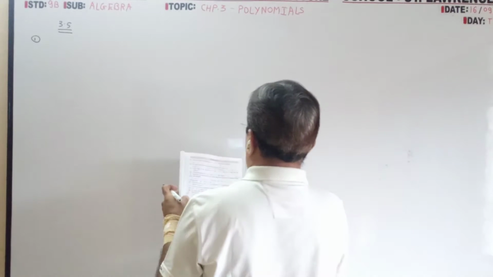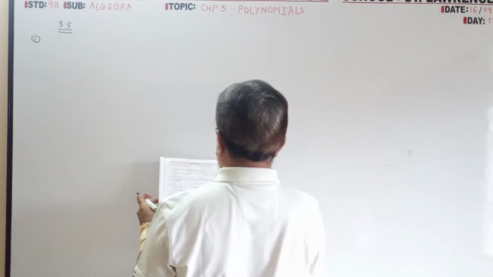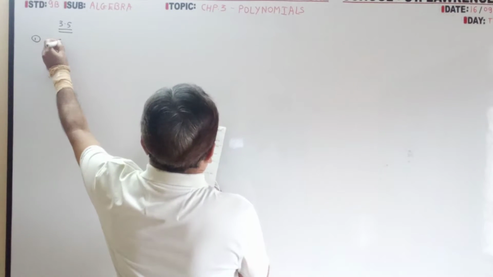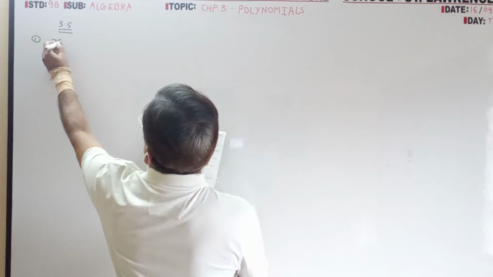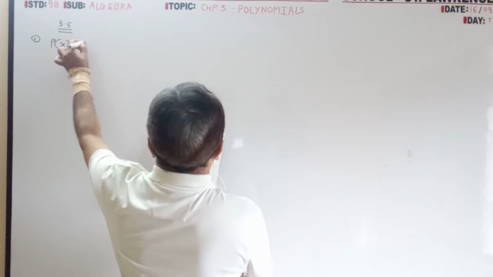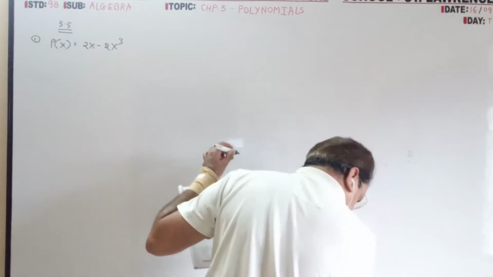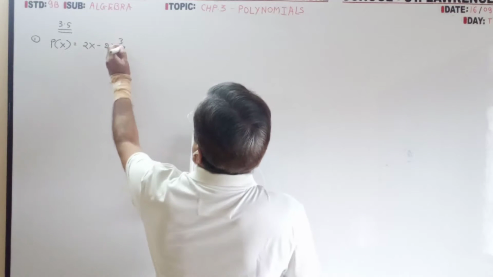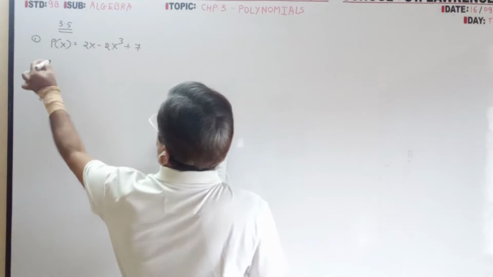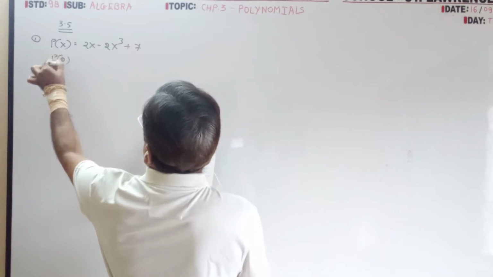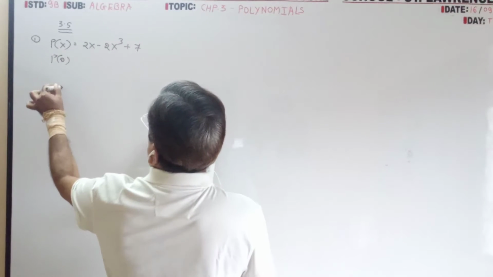For a single polynomial, we have to find the answer for different variable values. P of x is equal to 2x cube plus 7. We have to find out P0, P minus 1.